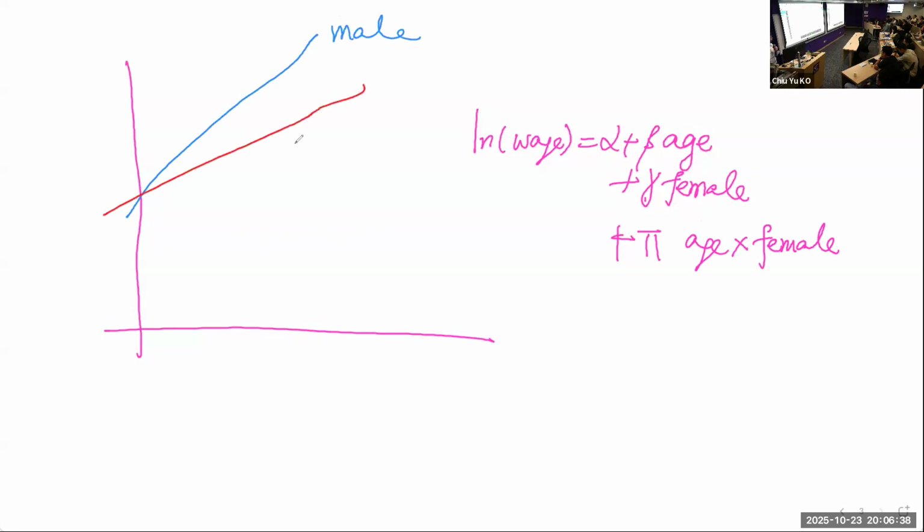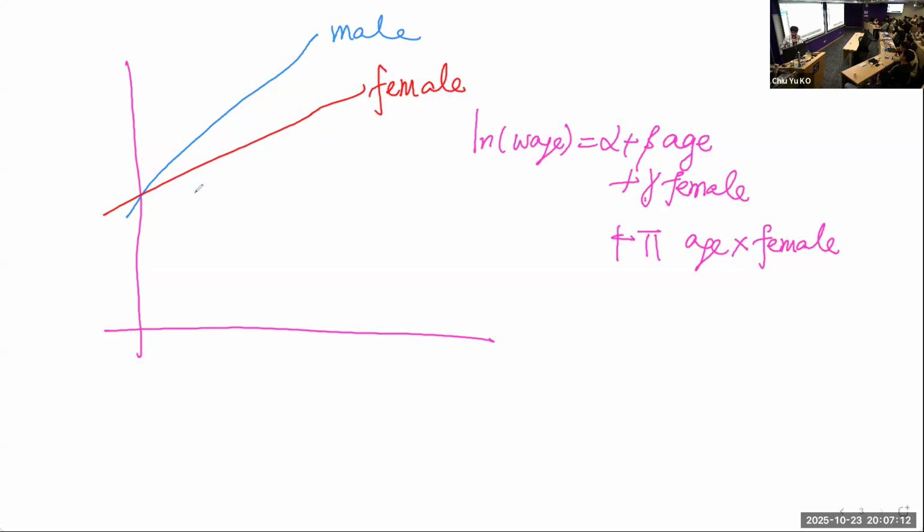We allow ourselves to have different lines, different potential intercepts. But it turns out in our regression that the intercepts are no different. There's no star on that one. Actually, it's not that initially the female and the male have different wages, but rather male grow faster than female, right?